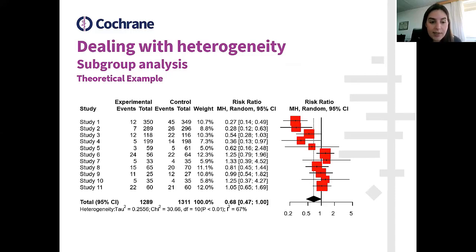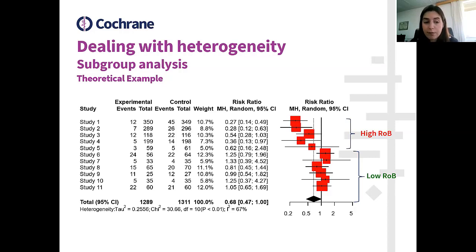In this meta-analysis, we have 11 different studies exploring the effects of an experimental intervention versus the control. We can see that there is poor overlap among the confidence intervals of the studies, and there are indications of heterogeneity.